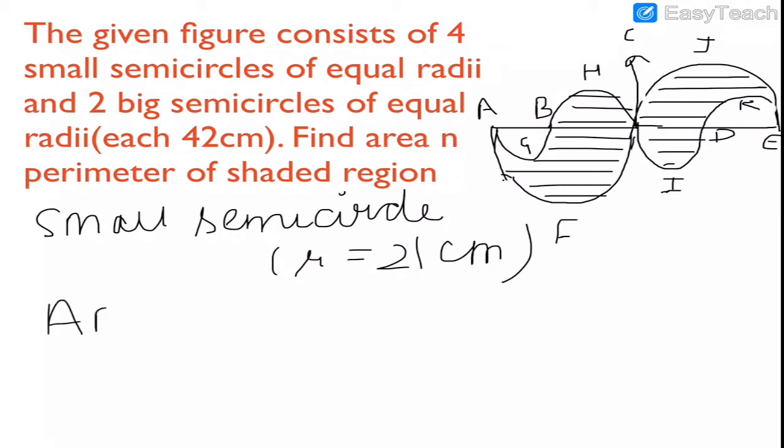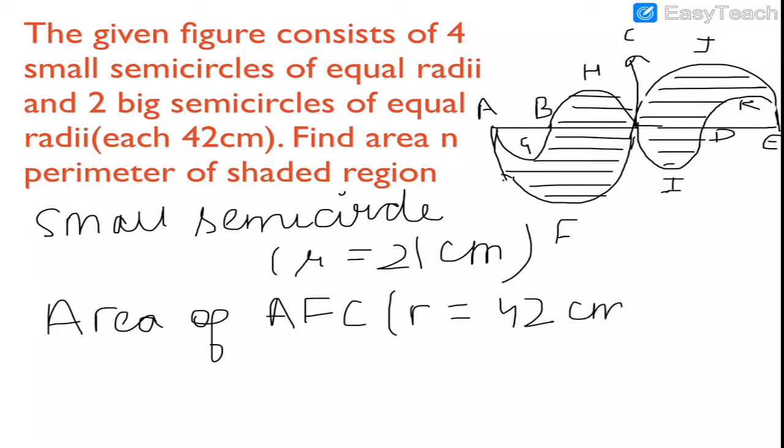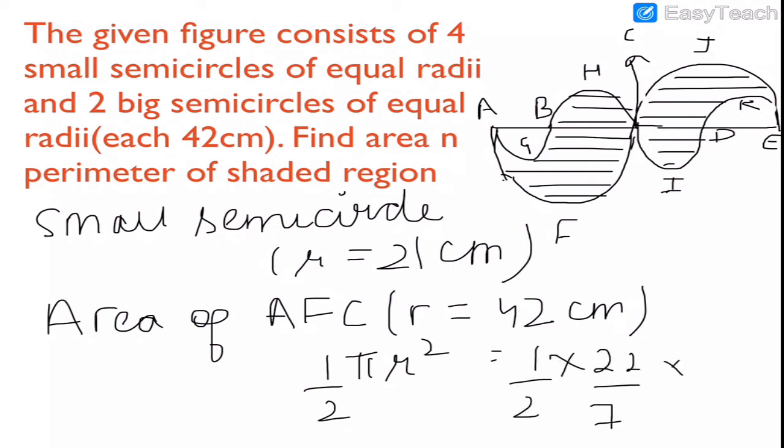Area of semicircle AFC, which has radius equal to 42 centimeter, is half pi r square, which makes it half into 22 by 7 into 42 whole square.